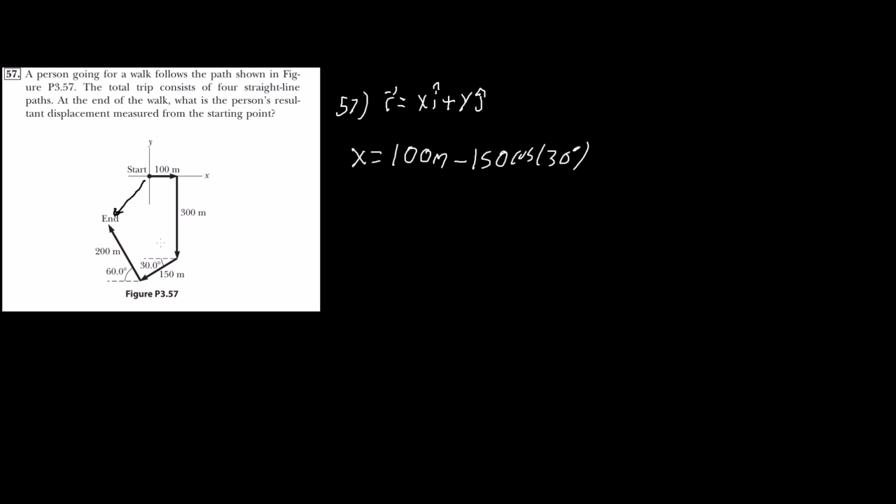There are 4 vectors, and we just added 2 of them that have horizontal components. So that's going to be done right there. That's going to be our x.